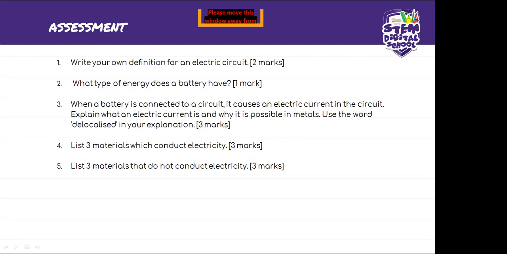All right. So some of you are giving the correct answer. All right. So I'm just waiting for the... what type of energy does a battery have?